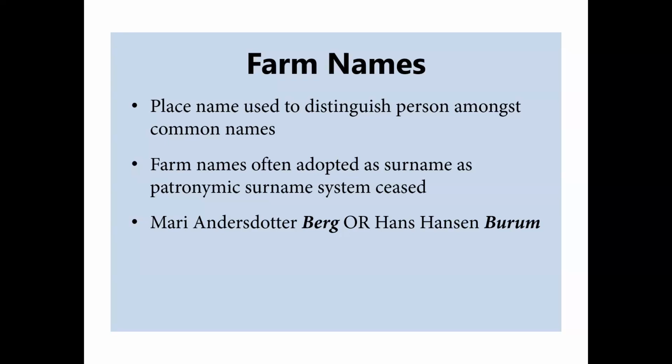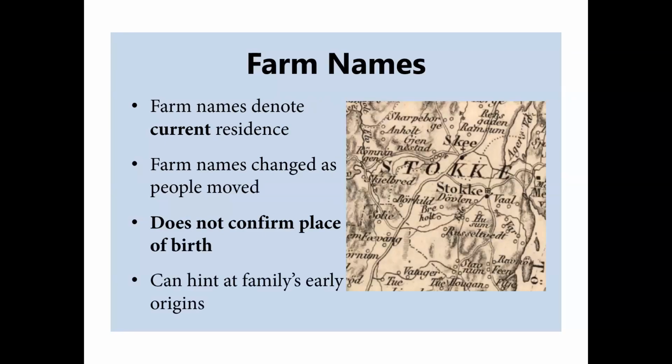The big thing that I want to state up front is that farm names denote the current residence. It doesn't hint at or confirm origins. It's where they are at that time, and when people move from farm to farm, that farm name changes.